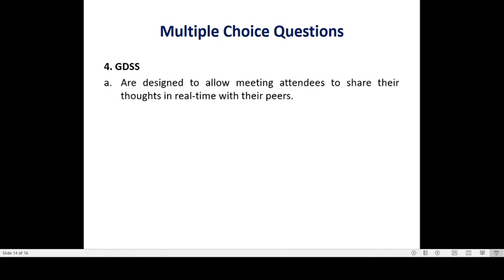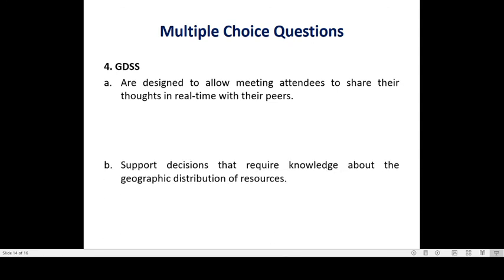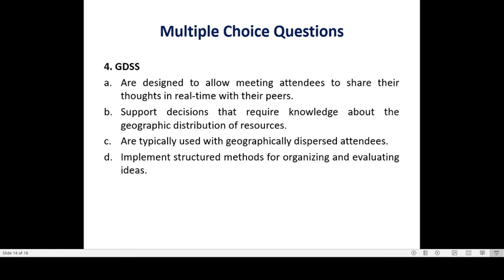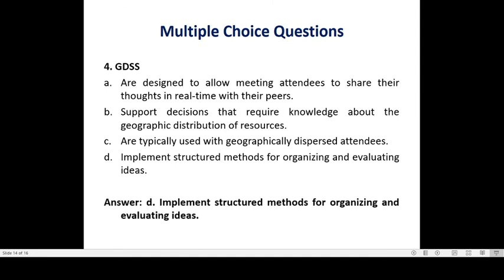GDSS are designed to allow meeting attendees to share their thoughts in real time with their peers, or support decisions that require knowledge about the geographic distribution of resources, are typically used with geographically dispersed attendees, or implement structured methods for organizing and evaluating ideas. Correct answer: implement structured methods for organizing and evaluating ideas.